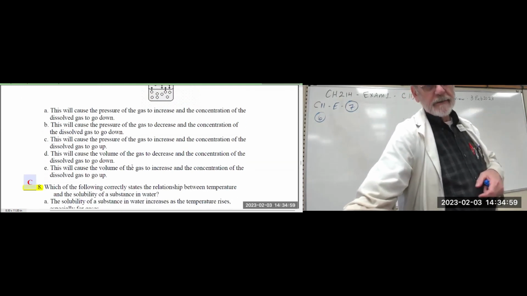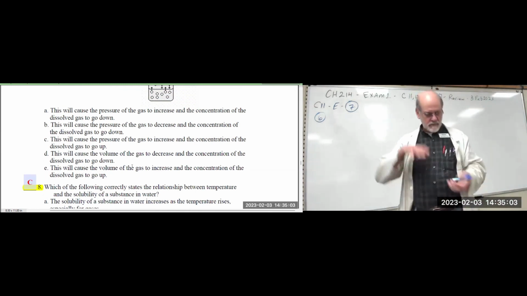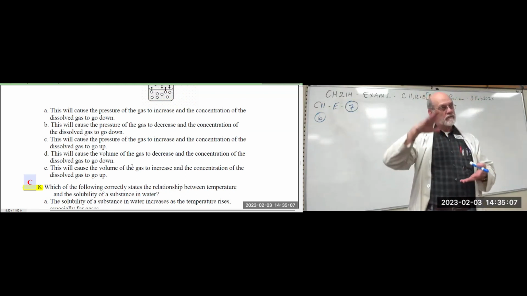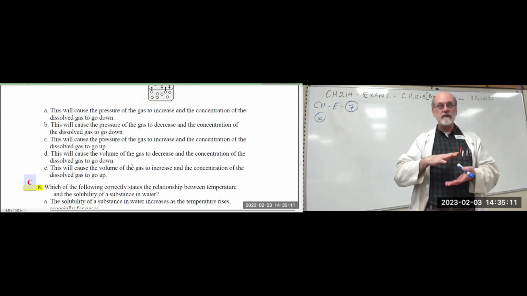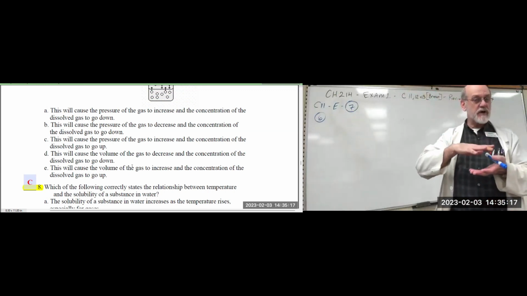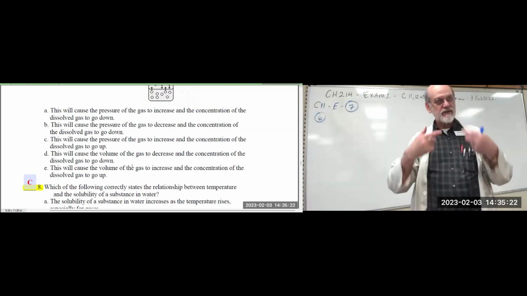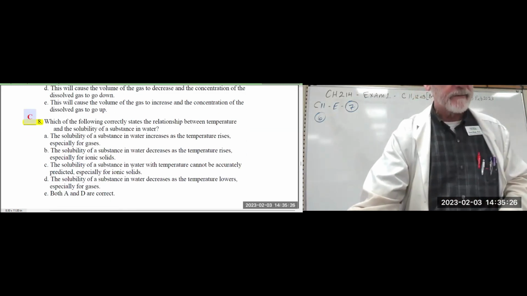We found our answer, C. When you compress that gas, we know from Boyle's law, when you add pressure to a gas, it decreases the volume. Or we decrease the volume this way, it increases the pressure. And the pressure then causes more gas to be dissolved in the liquid. So C is the answer to that one.